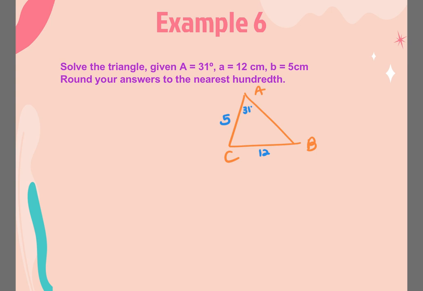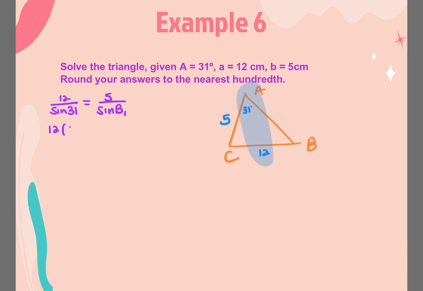In order to set up any ratio, I need to find the one that I have both letters of, which in this case is A. So I'm going to say 12 over the sine of A, which is 31, would equal, the only other one I have information on is B, so 5 over the sine of B, and we're going to call it B1 to remind us that there could be a second triangle.